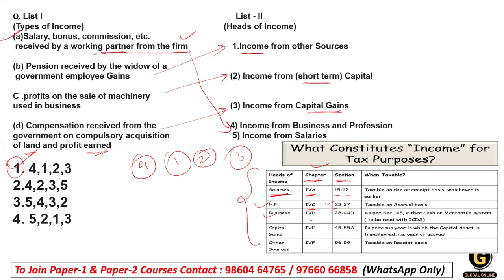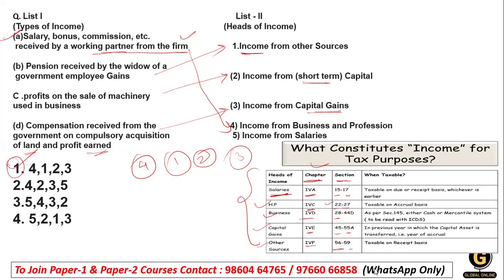Then business and profession, PGBP, is under 4D, which covers sections 28 to 44D. Clear? After that, capital gain is 4E, that is sections 45 to 55, and other sources is 4F, sections 56 to 59.